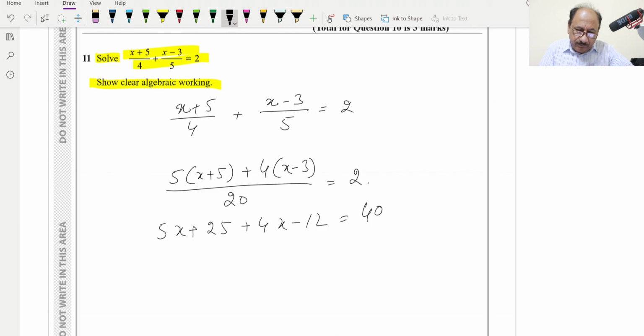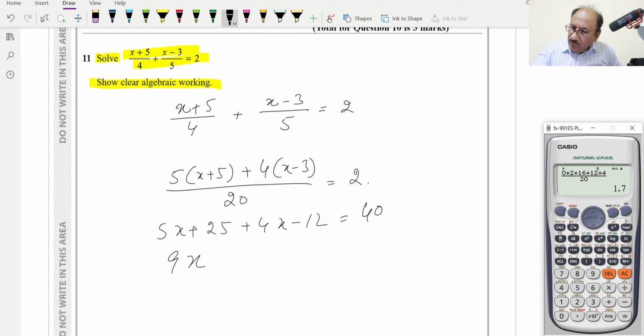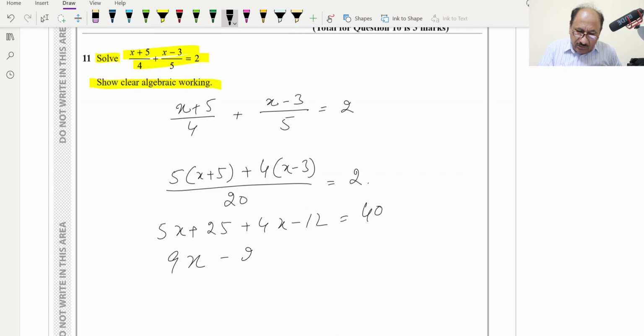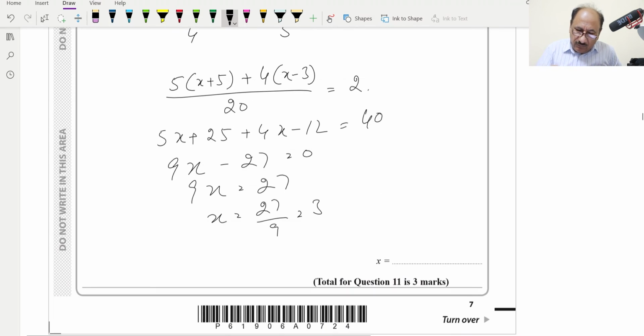Now we can simplify. 5x plus 4x will be 9x, so we can write 9x, and 25 minus 12 minus 40, this will give us minus 27. So minus 27 equal to 0, or 9x is equal to 27 and x is equal to 27 over 9, which is equal to 3. So x will be equal to 3. This will be our answer over here. 3 marks question.